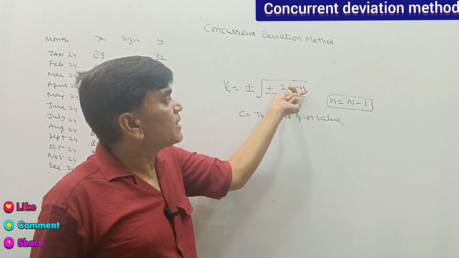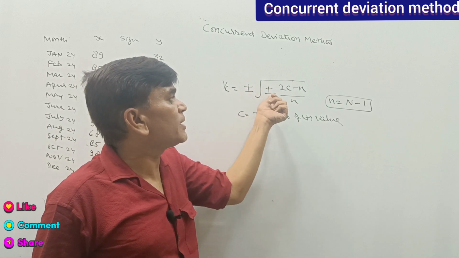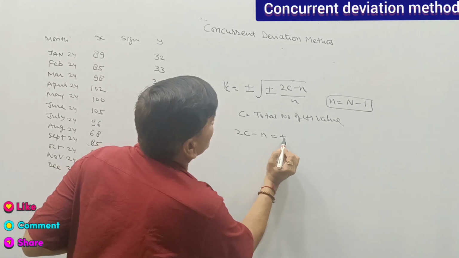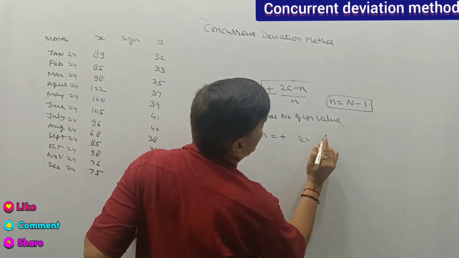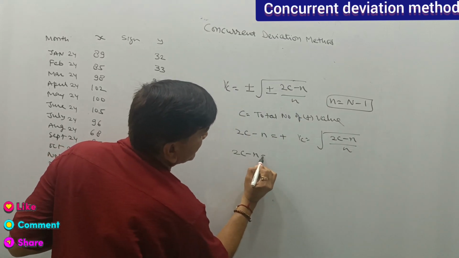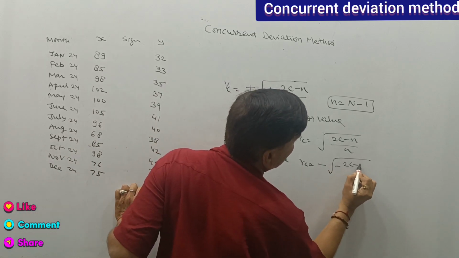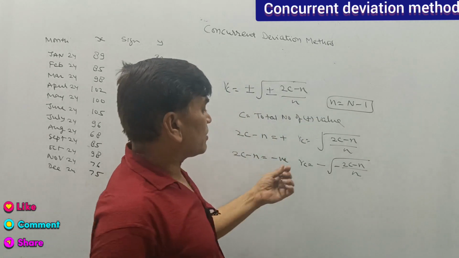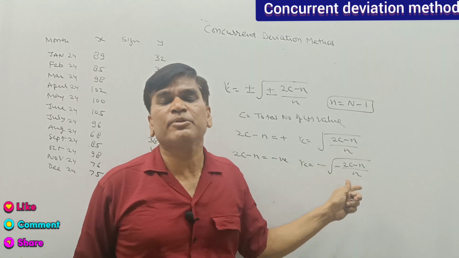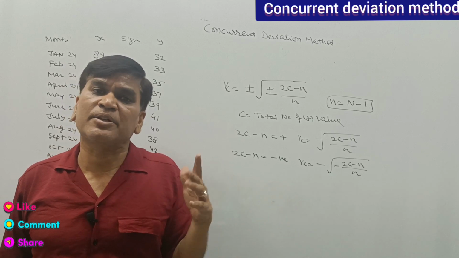If 2c minus n is positive, then we keep the signs positive, and the formula is under root of (2c minus n) upon n. If 2c minus n is negative, then the formula will be negative, minus (2c minus n) upon n. Negative multiplied by negative converts to positive, and then we take the under root of this.